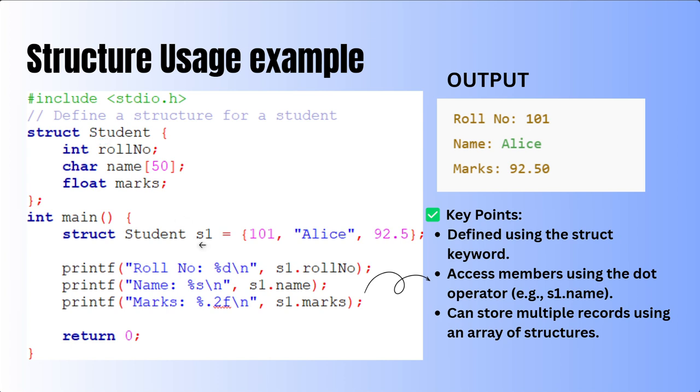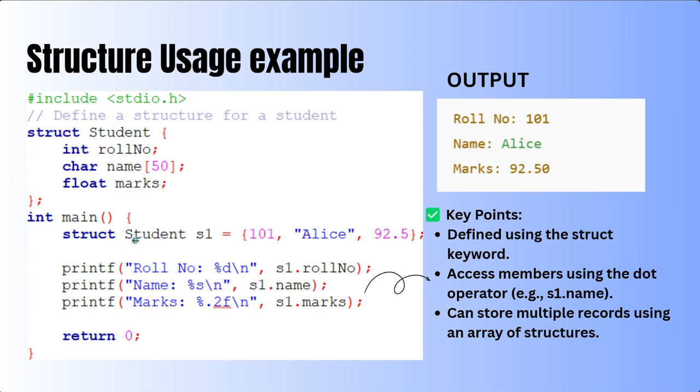Okay, remember that. And now 101 is what? Integer roll number. Then we have the char name, then we are entering the name, and then we are entering the marks. Okay, this is how we initialize the members of a structure. That's why I told you the order of the mentioned data types should be the same.